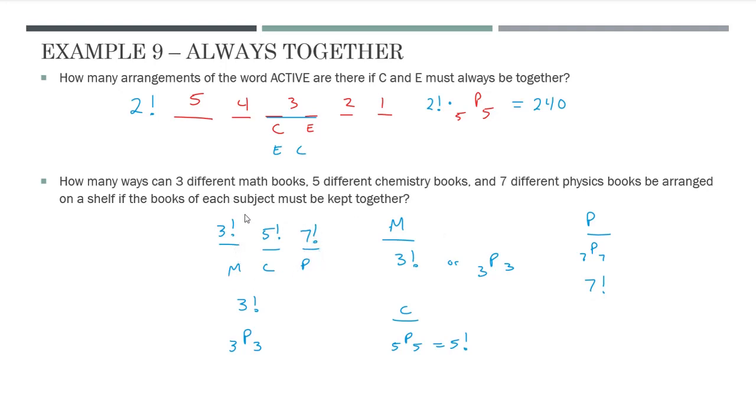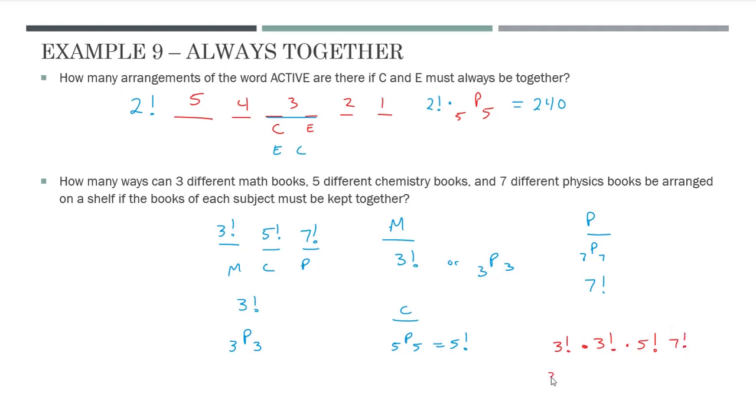Now, again, all 3 of these groupings can be rearranged in 3 factorial ways. So our final answer is going to be 3 factorial times our math 3 factorial times our chemistry 5 factorial, and then 7 factorial for the physics.